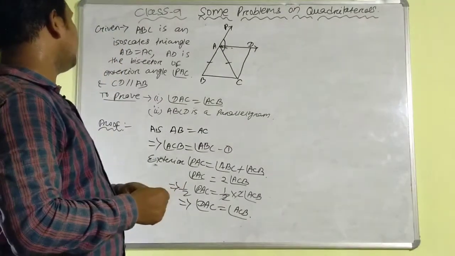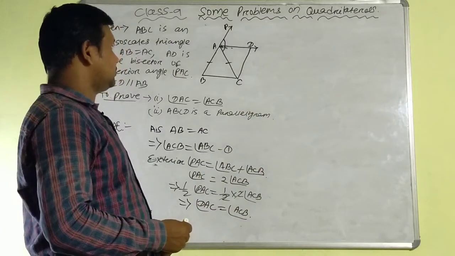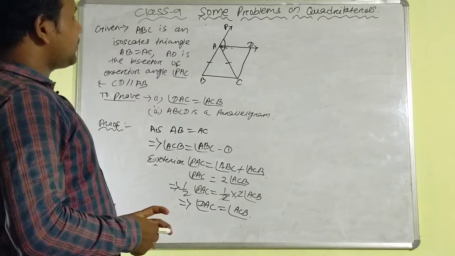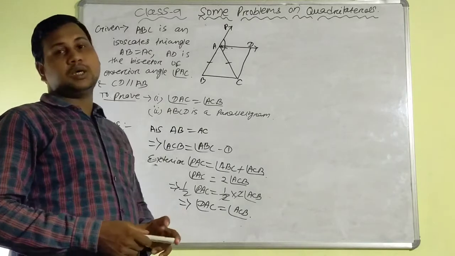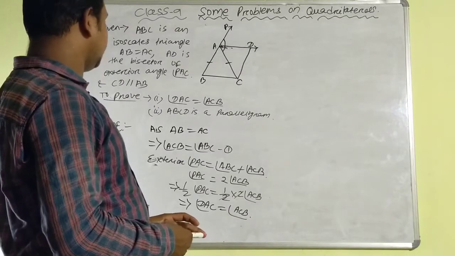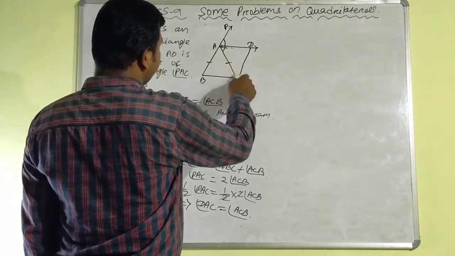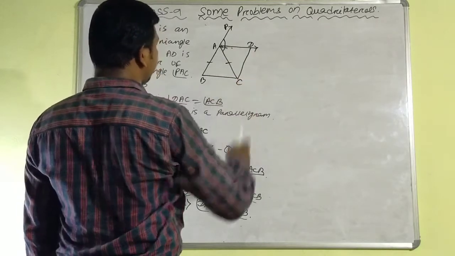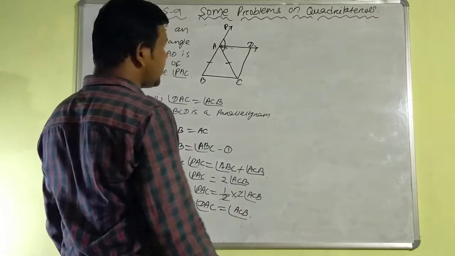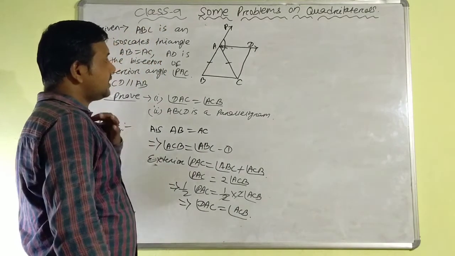Now we have to prove ABCD is a parallelogram. Okay, so we have to prove that opposite sides are parallel to each other. You know, we will see AB and CD are two lines and AC is the transversal.